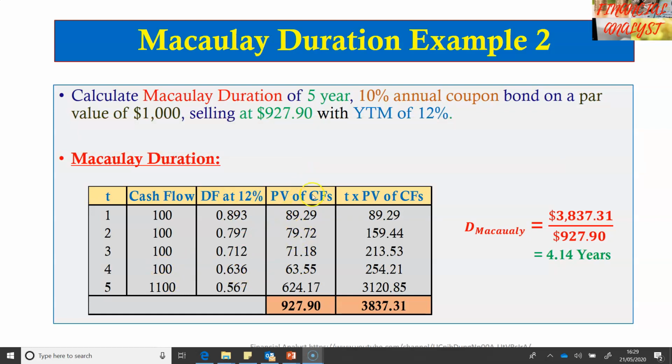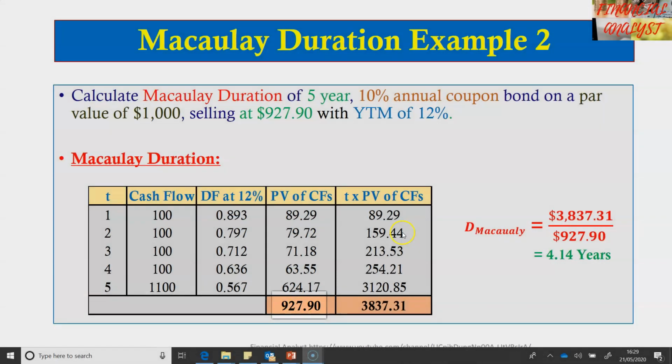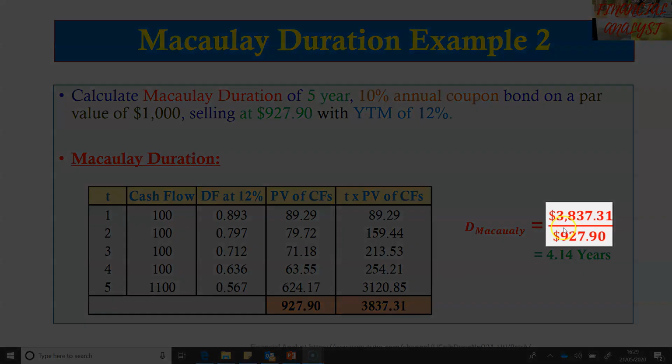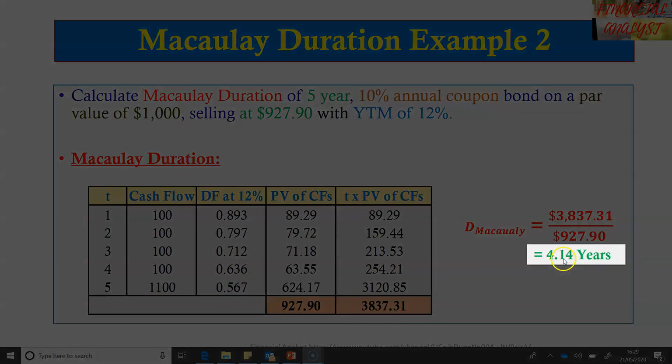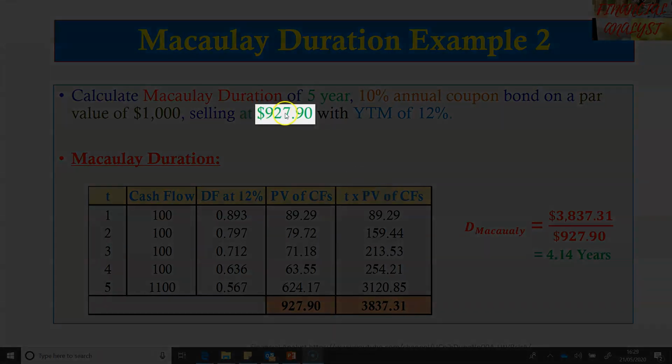We see that the present value of cash flows exactly equal the price of the bond here, and the time weighted present values of cash flows are now equal to 3837.31. We do the same calculation and get 4.14 as the Macaulay duration for this bond, which is selling at a discount.